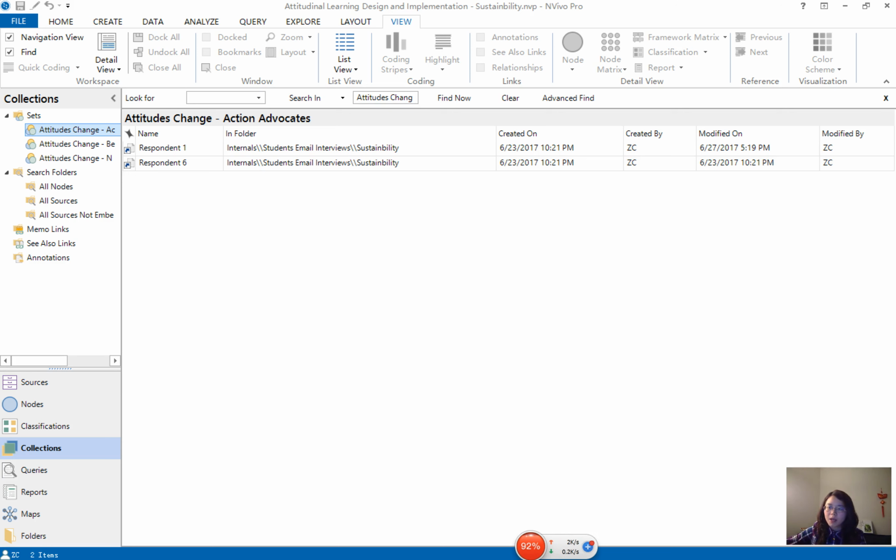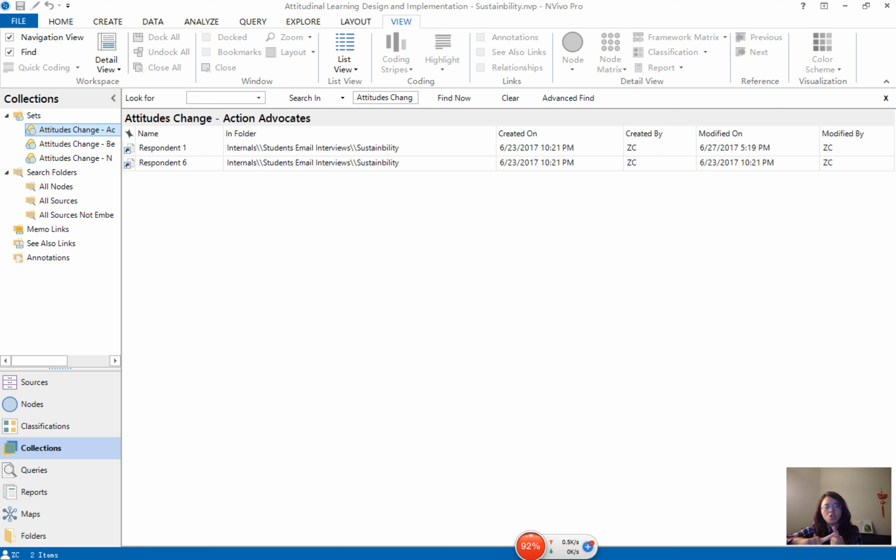So that's one type, and the other type is, I am very motivated and I really want to take action regarding sustainability. I want to change my lifestyle, something like that. That one I only found one.